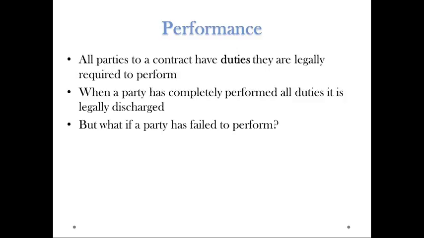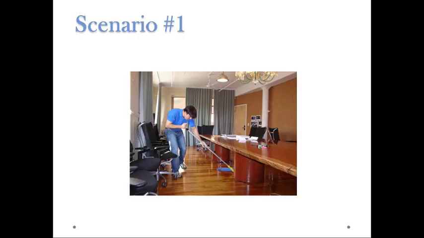But when it's clear that one party has not performed its duties and they either have failed to perform them and made it clear they're not going to, or the time for performance is passed, that's when we get into the breach. So here's how I want to approach it. Just like with part one, I have three different scenarios I want to go through and talk about how these duties work and when there is a breach and what remedy generally might someone have for that breach.